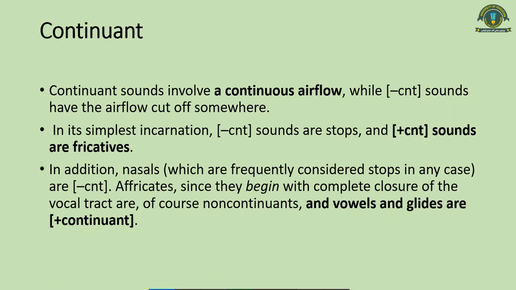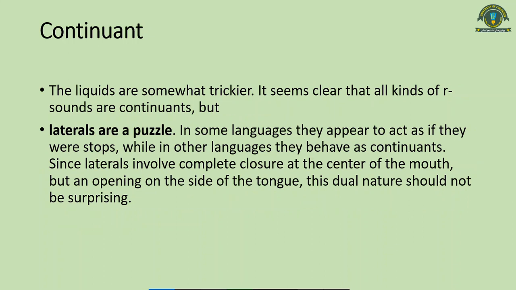In affricates, though the second part is a fricative, still, because in the first part there is some closure, some blockage of air, there is no continuous airflow. Again, only fricatives, vowels and glides are plus continuant sounds.